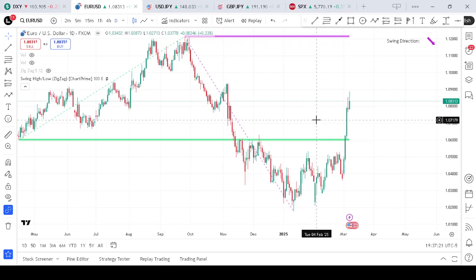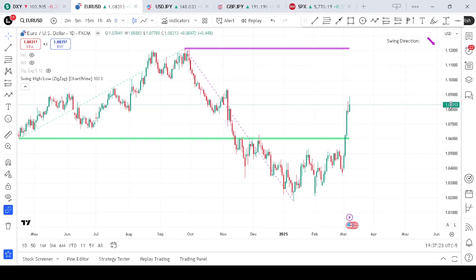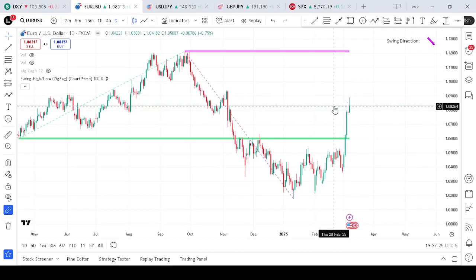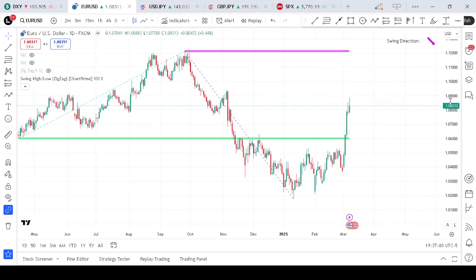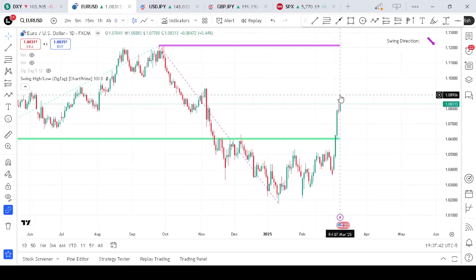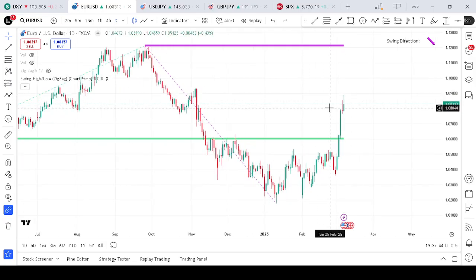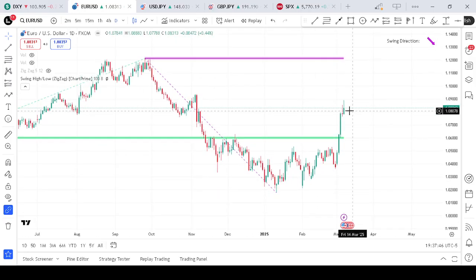You can easily identify dynamic support and resistance levels. We can simply draw a trend line by connecting consecutive swing highs and lows.